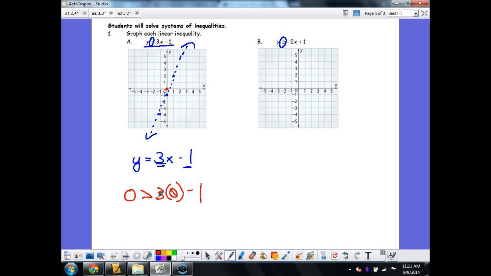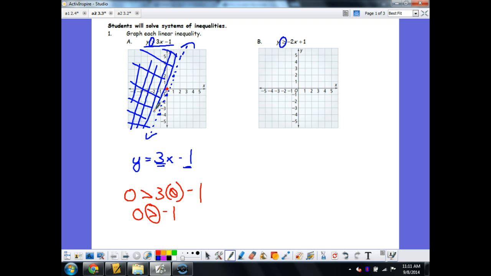So in this case, the point 0, 0, and if I simplify the right side, 3 times 0 is 0, minus 1 is negative 1. And is 0 greater than negative 1? Yes. Since 0, 0 makes that true, I am going to shade this side of that line. And that's what it looks like.